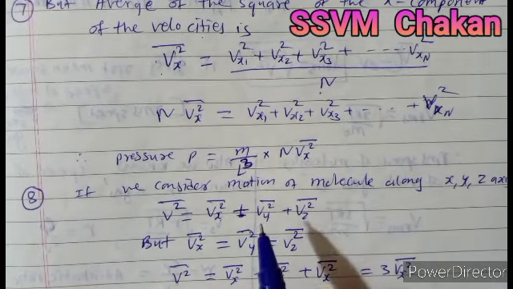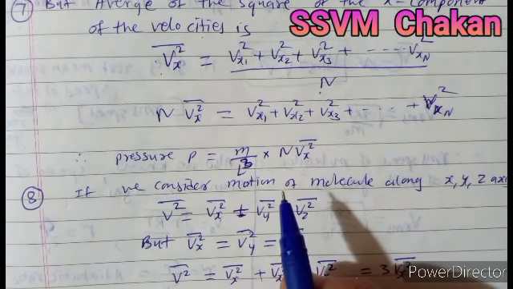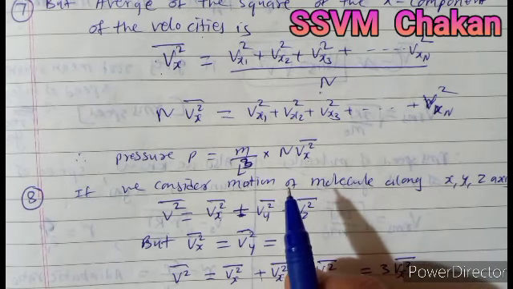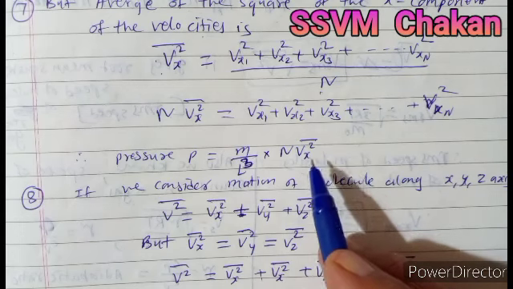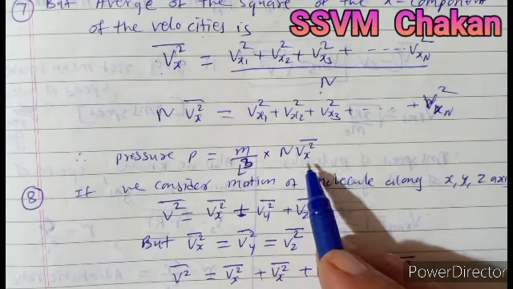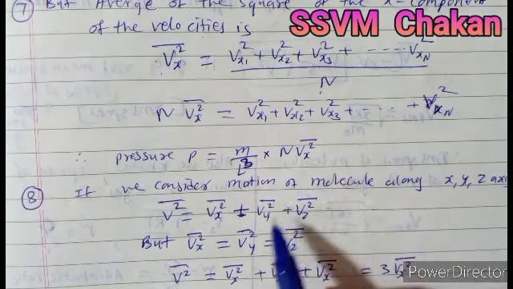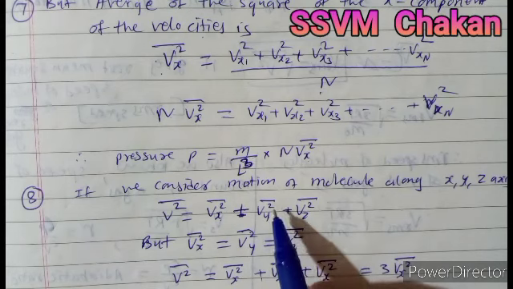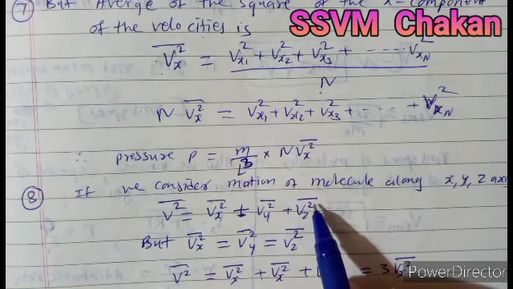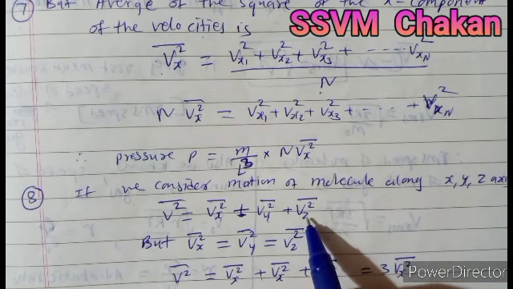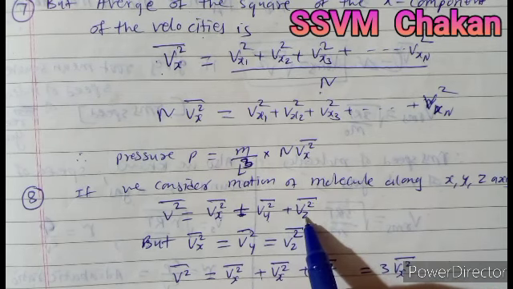Gas molecules are always random in motion. They travel along the x-axis, y-axis and z-axis. We have calculated the square average velocity along the x-axis. Similarly, we calculate the square average velocity along the y-axis and along the z-axis.